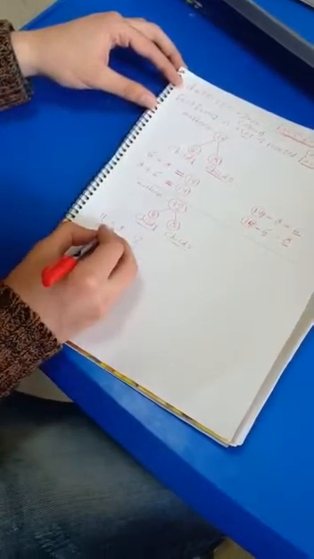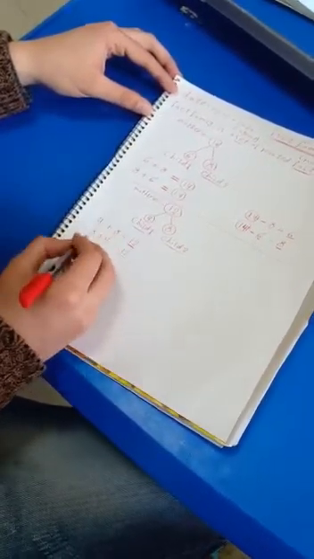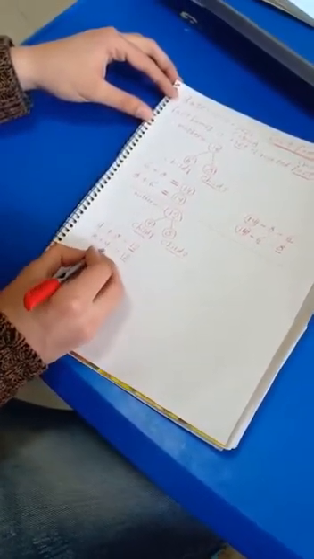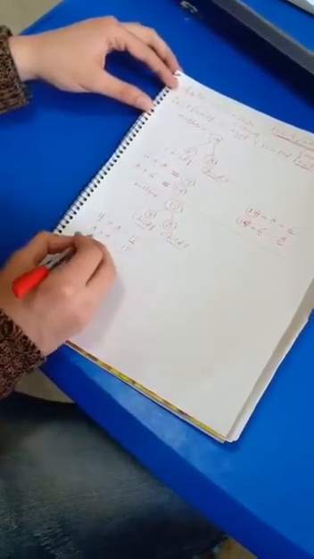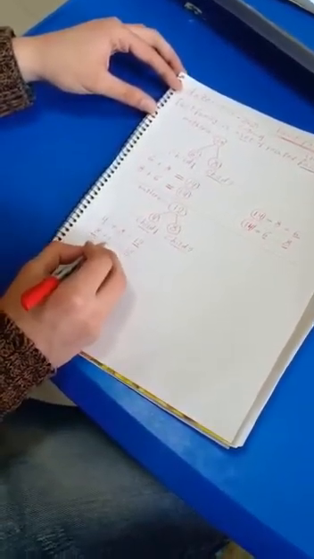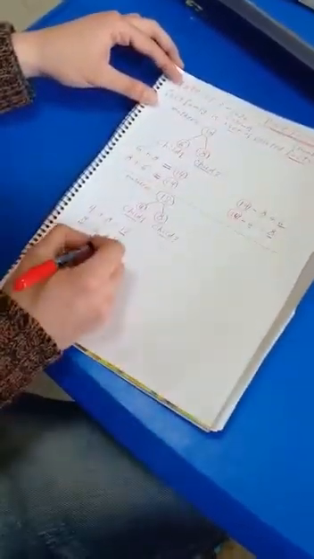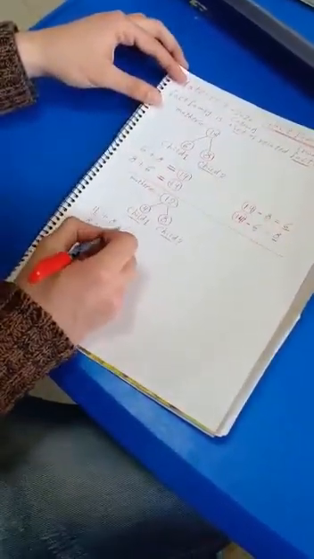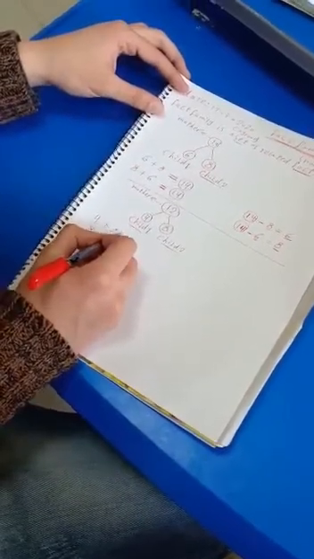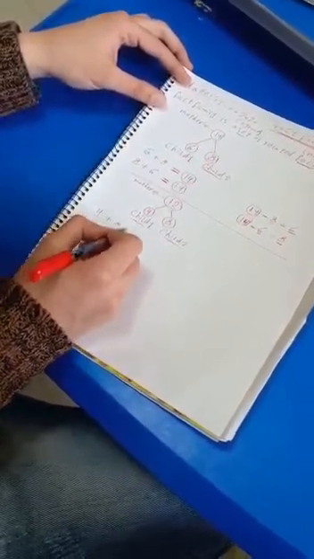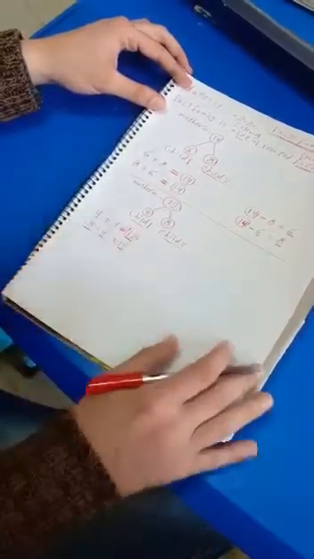The two smaller numbers give you the bigger number, even if you change their places. And always the bigger number comes after the sign equal.